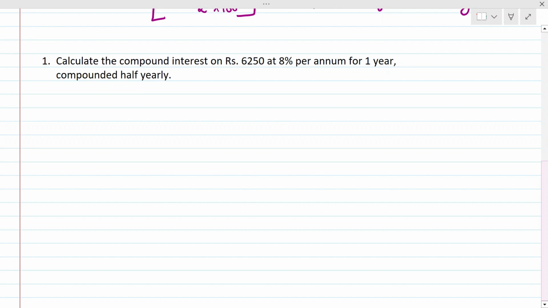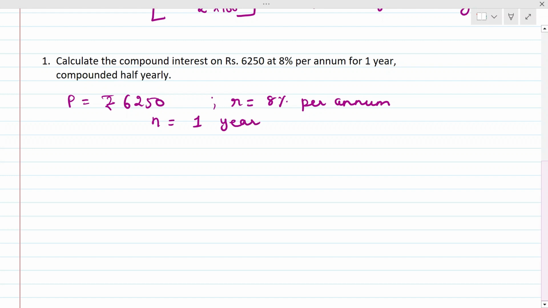So now we will write the given data. The first one is P, principal, is 6,250, and R, the given R, is 8% per annum, and time period N equal to 1 year. We'll write as it is whatever they have given, and then when we write the formula, we will do the necessary things.